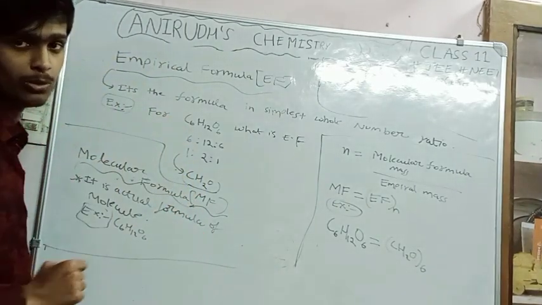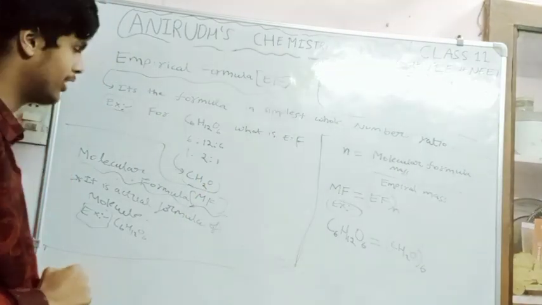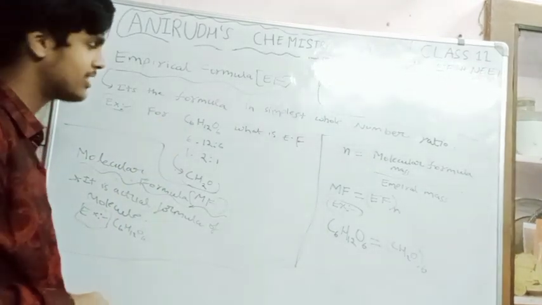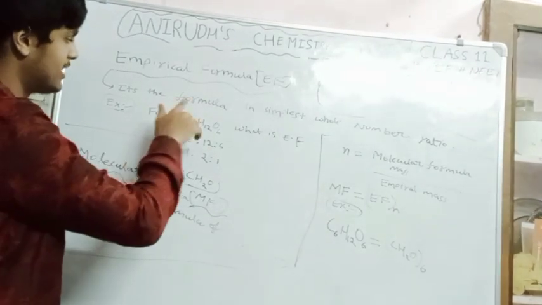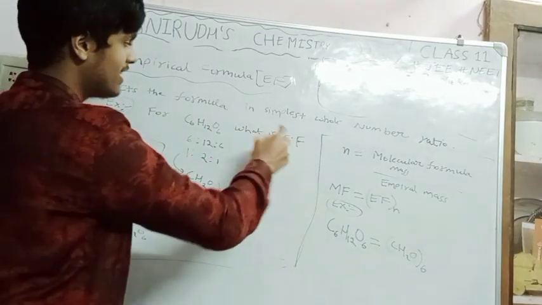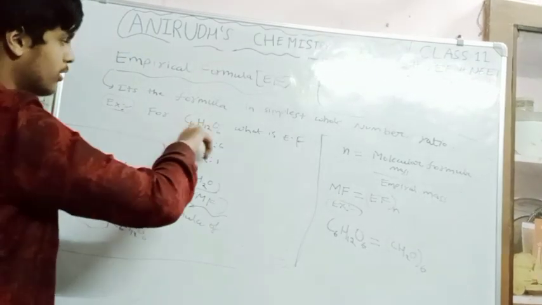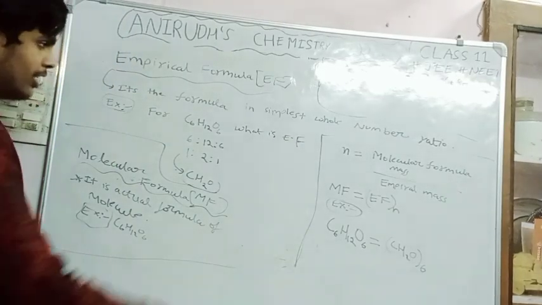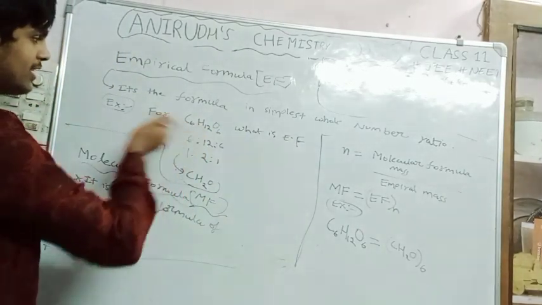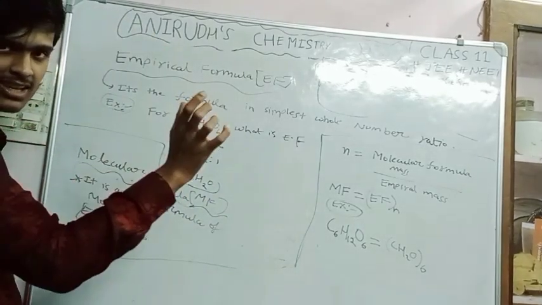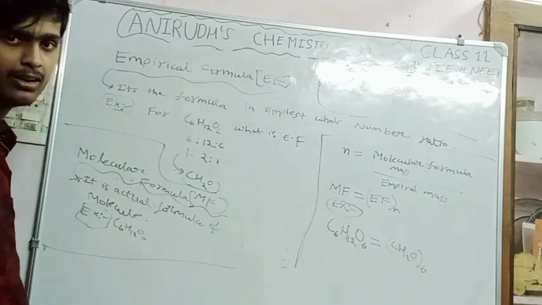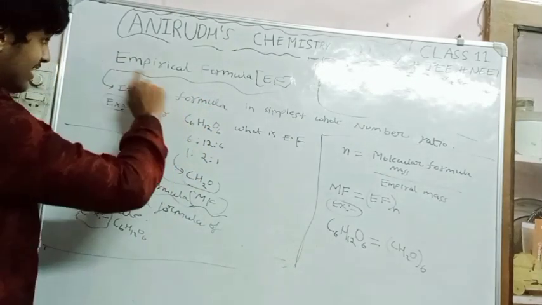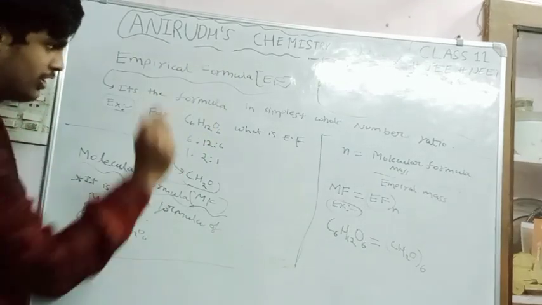See, for glucose, you heard about glucose in your class 10. The formula of glucose is C6H12O6. For C6H12O6, what is the EF? Means for glucose, what is the empirical formula? In this case, you just write down the number of atoms present as a ratio. Empirical formula is the simplest whole number ratio.